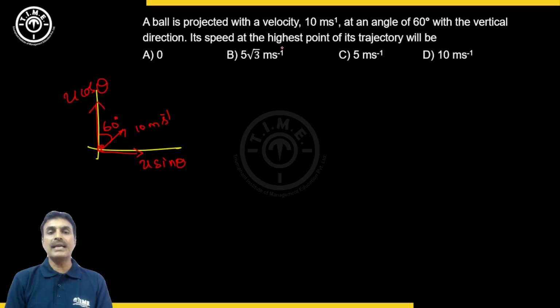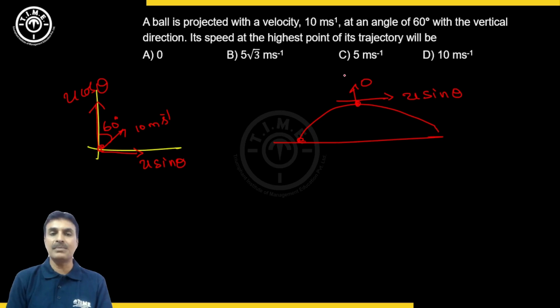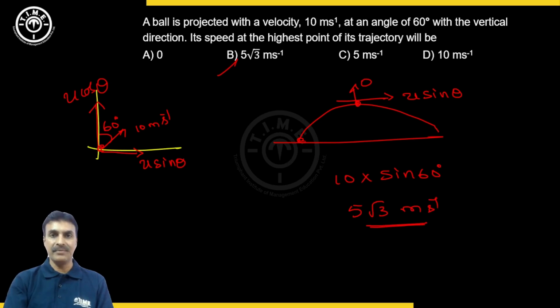Now the speed at highest point of its trajectory will be, when the body reaches its maximum height, we know the vertical component becomes 0, but there is horizontal component. What is horizontal component in this case? This is u sin theta, right? That is the velocity or speed at the highest point. So u sin theta, u is 10, sin 60. Sin 60 is root 3 by 2. So that becomes 5 root 3 meter per second. 5 root 3 meter per second is here in option B.